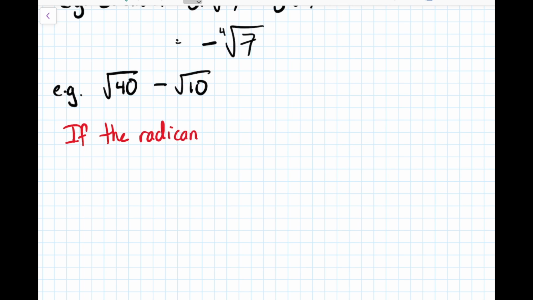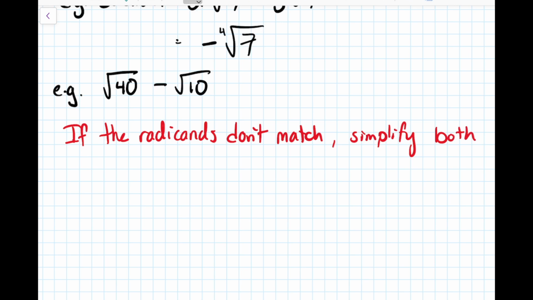If the radicands don't match, there is one thing we can try, which is to simplify these to see if we can make the radicands match. When I say simplify, I mean turning them both into mixed radicals in the simplest form, so you want to pull out everything you can from both radicals.